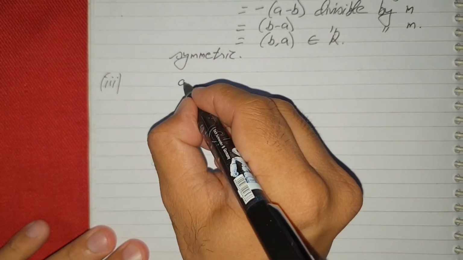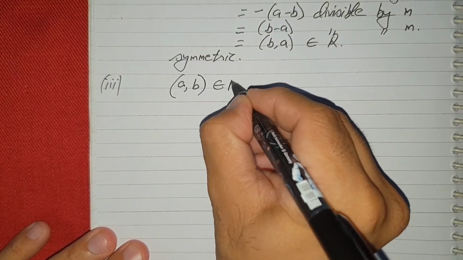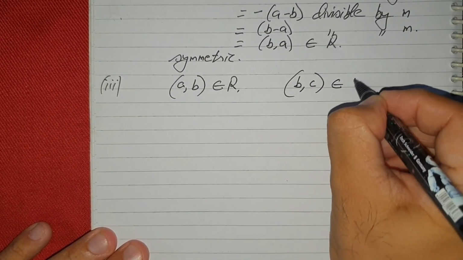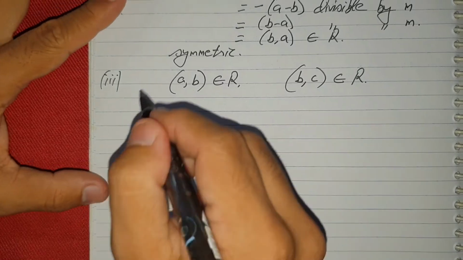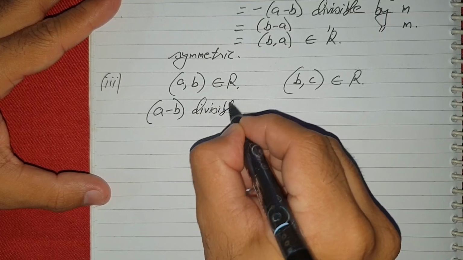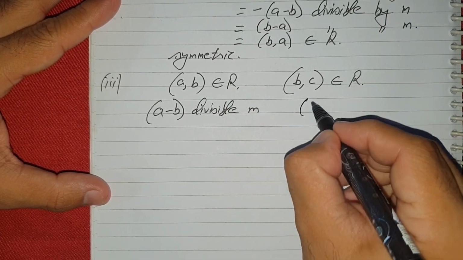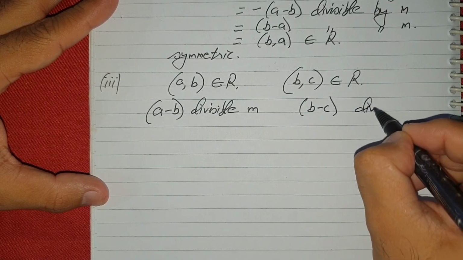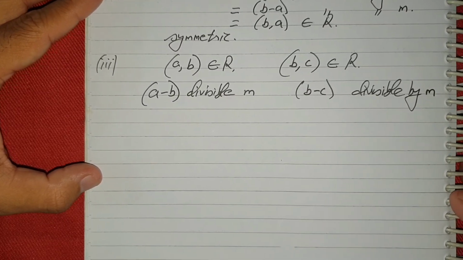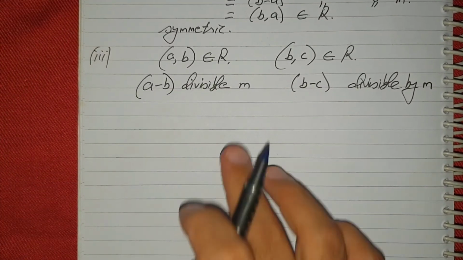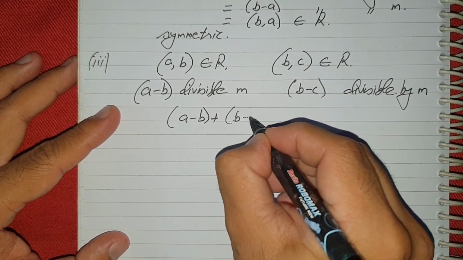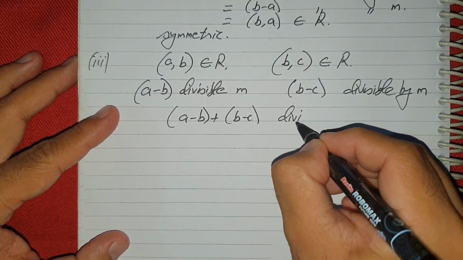Now third point. Now (A, B) belongs to R and (B, C) belongs to R. That means A minus B is divisible by m. B minus C will also be divisible by m. Now adding these two, the sum of these two, A minus B plus B minus C, will be divisible by m.